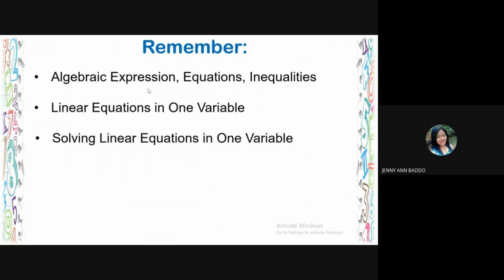Then we also discussed solving linear equations in one variable, wherein we use the APE, the MPE, and both APE and MPE. But if you use both properties, you have to start with the APE before the MPE.